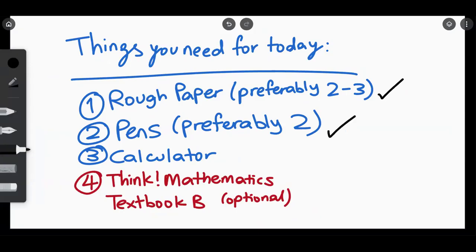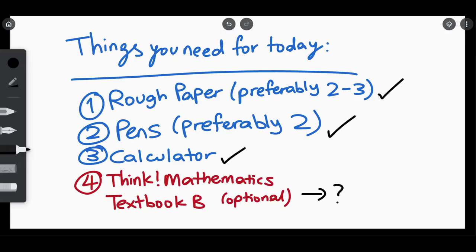For those of you who have been with me all along, you'll know that last time I did not include a calculator, but this time around for Sec 4, you need to have your calculator. And the last one is the textbook. This one I will leave it up to you to decide. If you want to have your textbook with you, please go and get it. If not, you may just listen to the recording.